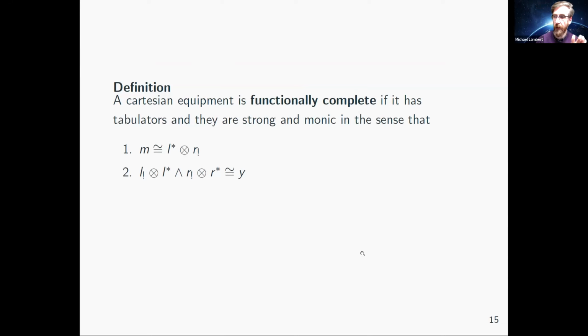L and R are the left and right legs of the tabulator. The first one says that the arrow that you're tabulating is the co-kernel of its tabulator. And then the other one is saying that the intersection of the kernels of the legs is trivial.